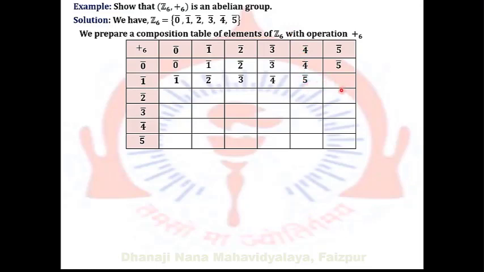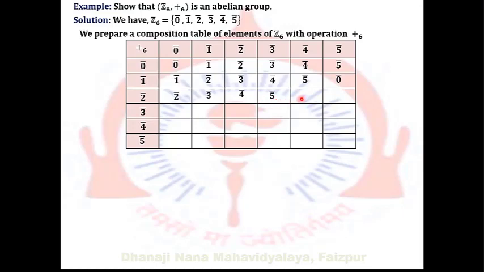1 bar plus 5 bar is 0 bar, because 1 bar plus 5 bar is nothing but 6 bar. But here the operation is addition modulo 6, so when we divide 6 by 6, the remainder is 0. So 1 bar plus 5 bar is 0 bar. Also 2 bar plus 0 bar is 2 bar. 2 bar plus 1 bar is 3 bar. 2 bar plus 2 bar is 4 bar. 2 bar plus 3 bar is 5 bar.